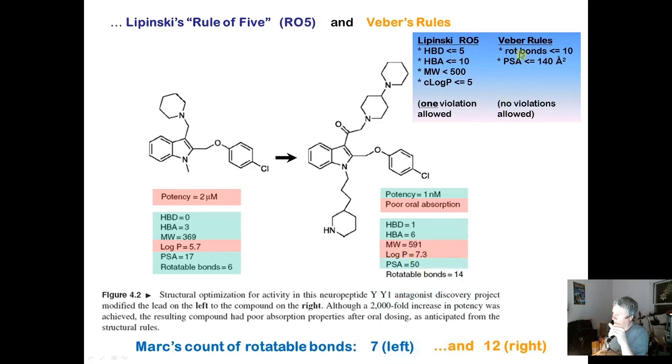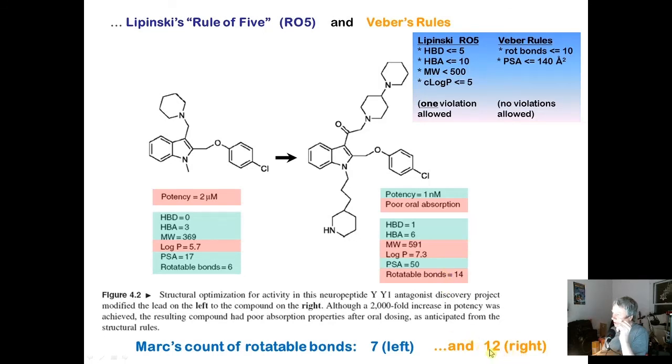PSA is good for Weber, but the rotatable bonds, they say 14, I say 12. Nevertheless, it's still above the cutoff, which is 10, right? So this violates Lipinski rules and Weber rules for drug likeness.